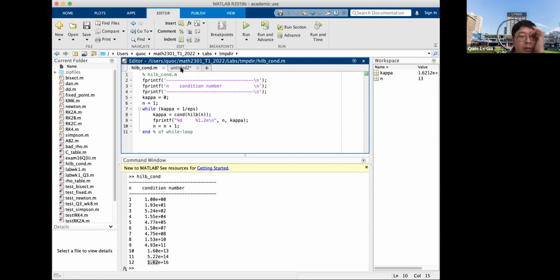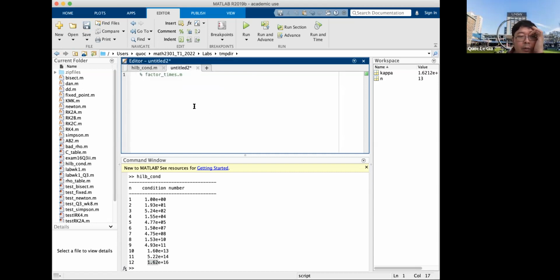And now for question number 2, factor times. So now prompt the user for the positive integer. So how do you prompt? What commands do you use?